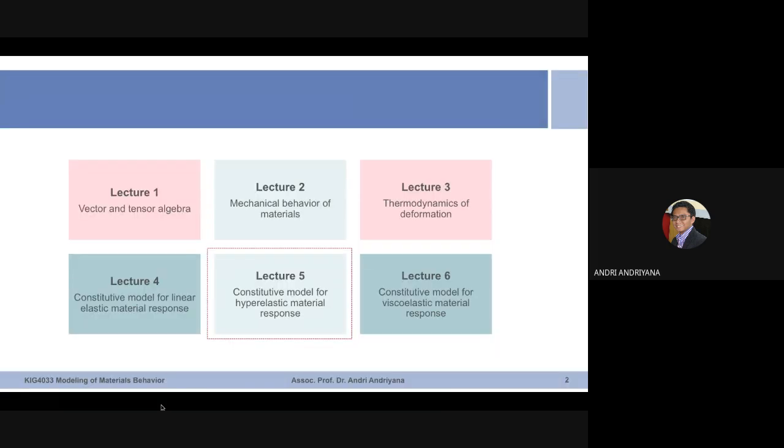Looking at our schedule, we are now in lecture 5 out of 6 lectures that we are going to discuss, so we are very much on time with the delivery. Because this is a very important topic, I will try to go very slowly.